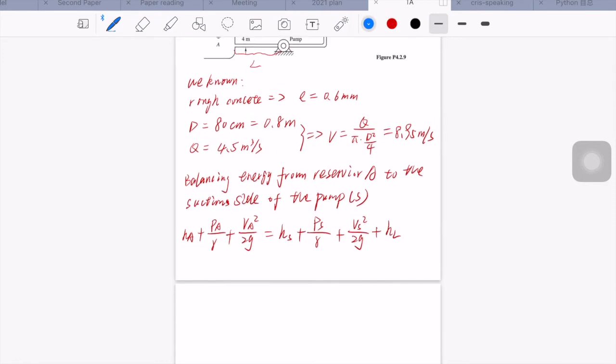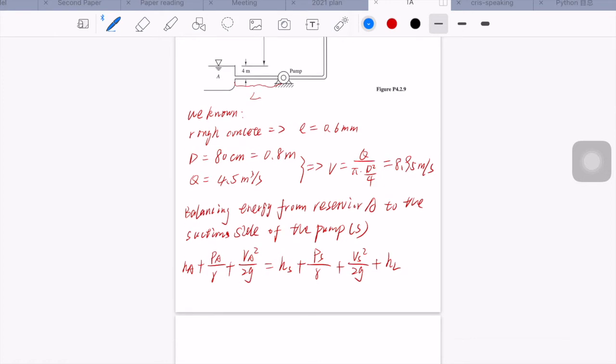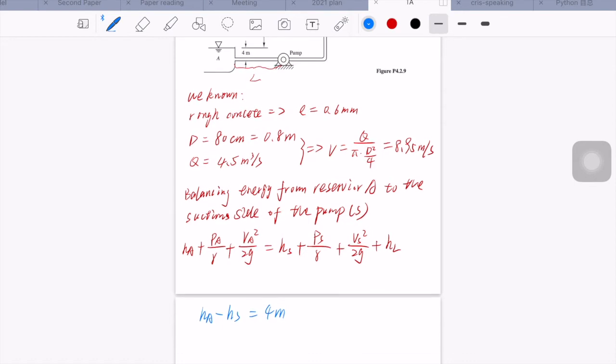We didn't set the datum, but from this figure, we know that HA minus HS equals 4 meter. And since the reservoir A is exposed to the atmospheric pressure, and the velocity at the reservoir can be neglected, we know that PA equals 0, VA equals 0.